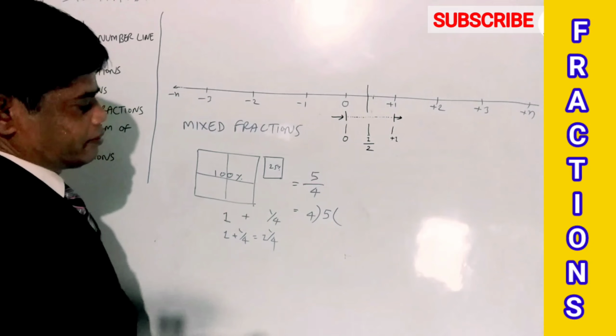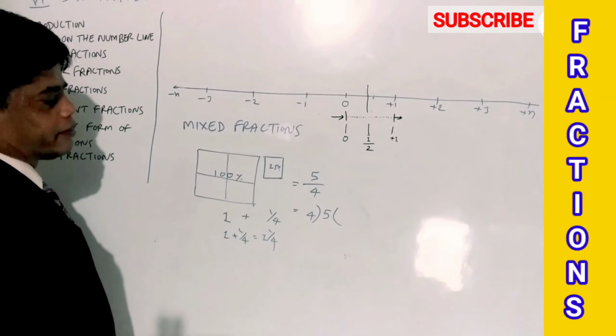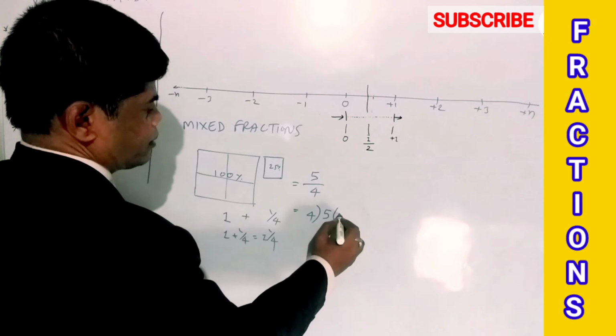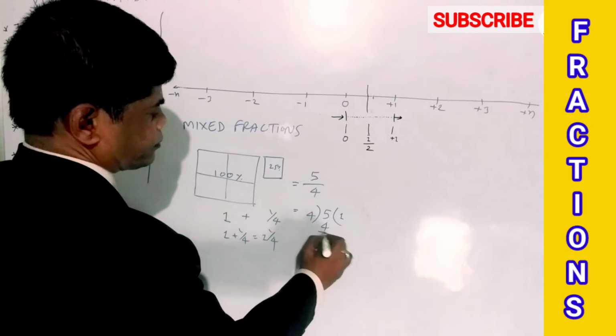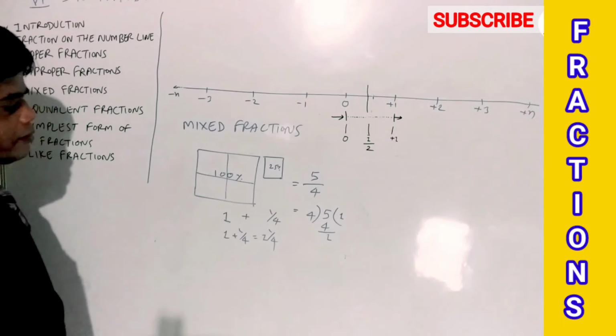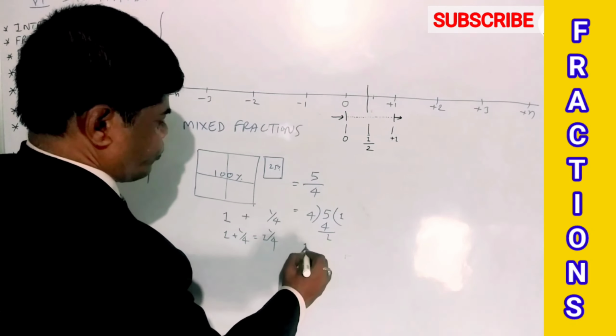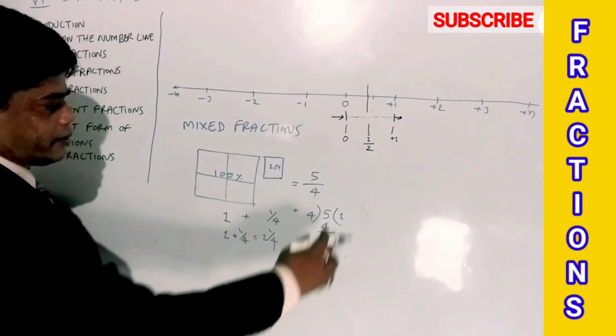This is the divisor, this is the divider. Where is the quotient? This is the quotient I am writing here: 4 into 1 is 4, what is the remainder? 1. Now 1 is the quotient.